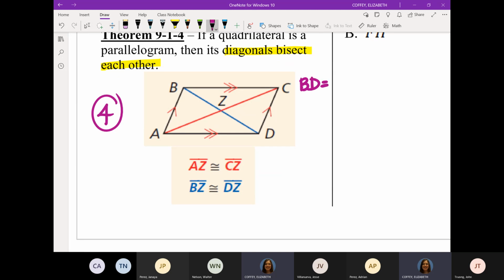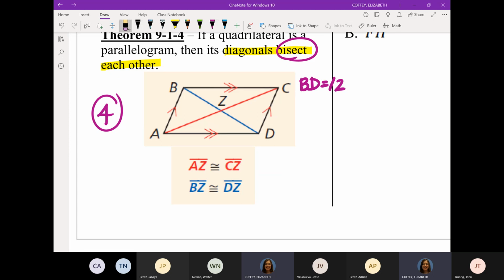What if I told you BD is equal to 12? If I know that they bisect each other, what is the length of ZD and BZ? Anyone know? Or you want to guess? It would be half of 12, right? Because they cut each other in half. The word bisect means cut in half.